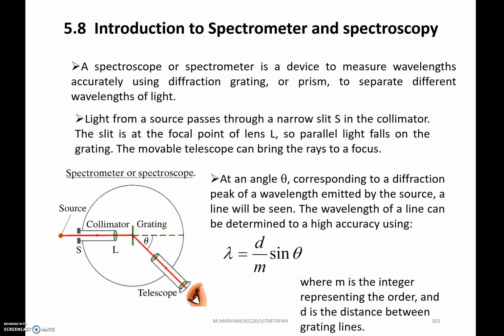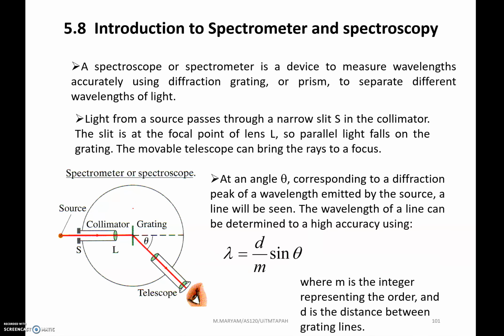And I'll go briefly into spectrometer and spectroscopy. If you have the time, go through the spectrometer or spectroscopy mechanism on YouTube, or how they use the spectrometer. Usually a spectrometer is used to find the wavelength of light, exactly as the experiment that we were supposed to do. Usually they would put a prism on the platform here.